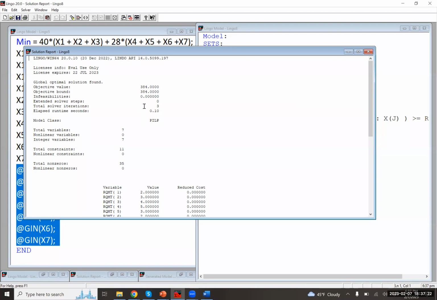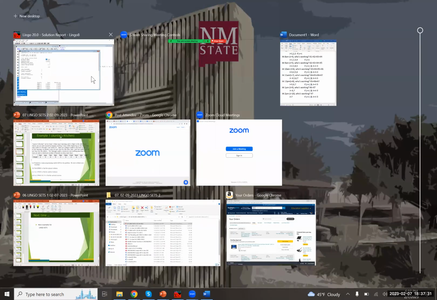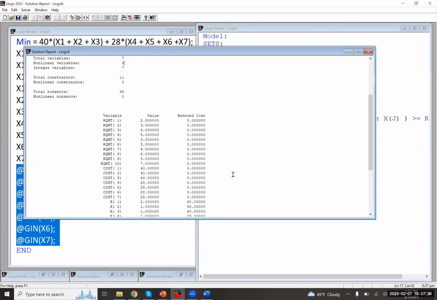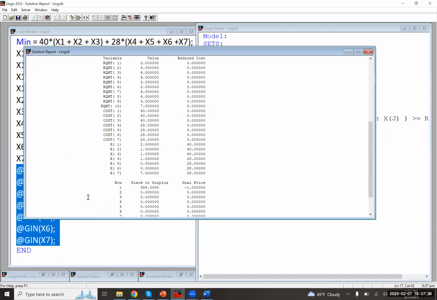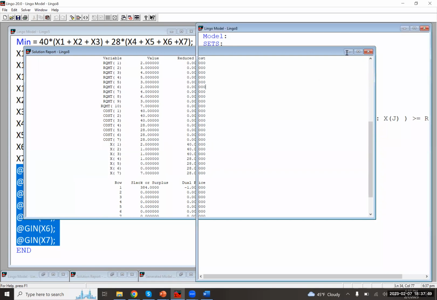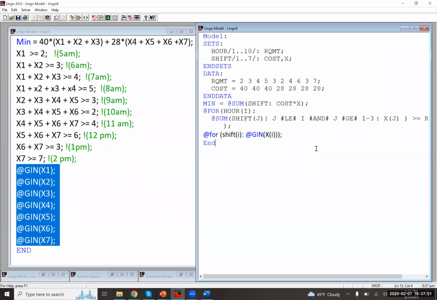So now we have exactly the same objective function value, $384. And here, this is the optimal solution value, the X values. I believe those are identical. Same optimal solution value we got from both LINGO and LINGO sets.